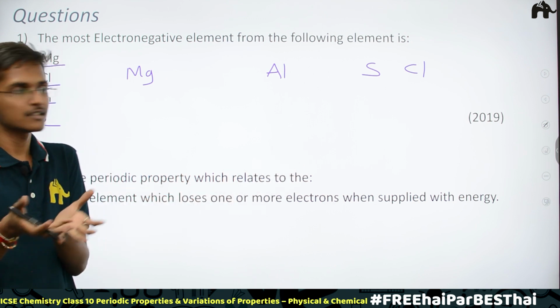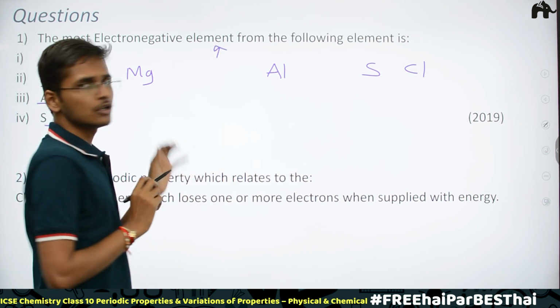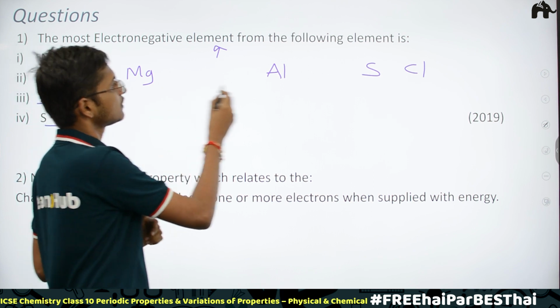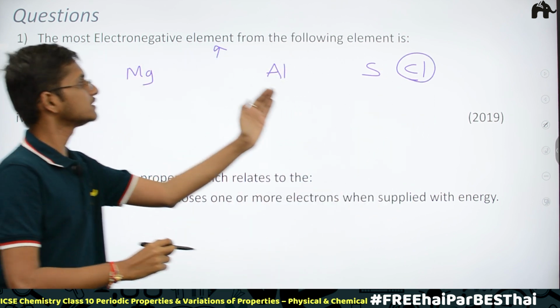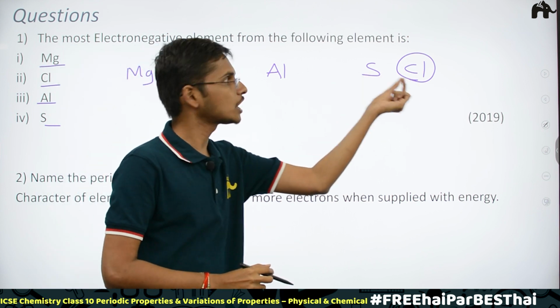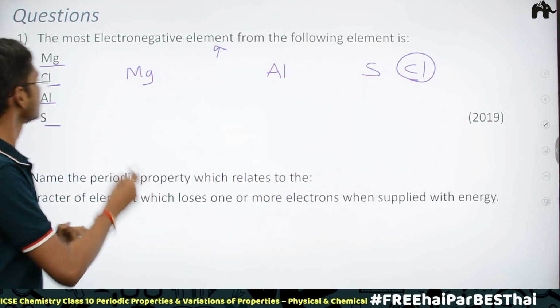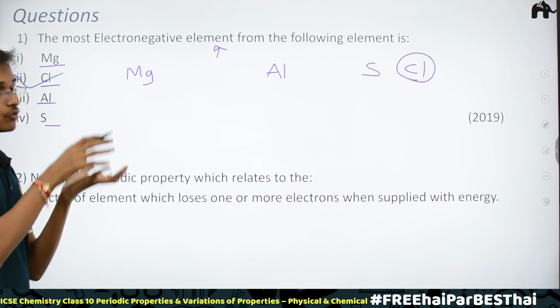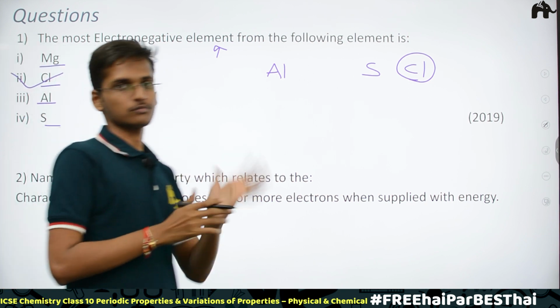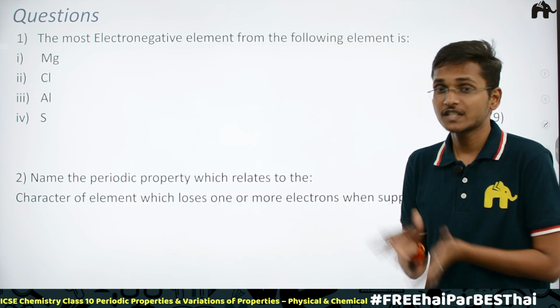Electronegativity increases. So the most electronegative element would be chlorine, because it would have the highest electronegativity. Therefore our answer is chlorine. This was asked in your examinations in 2019 as well, so quite interesting.